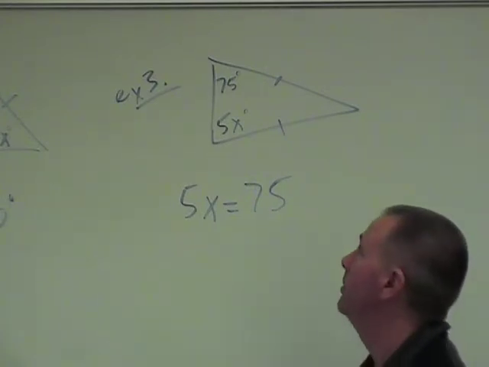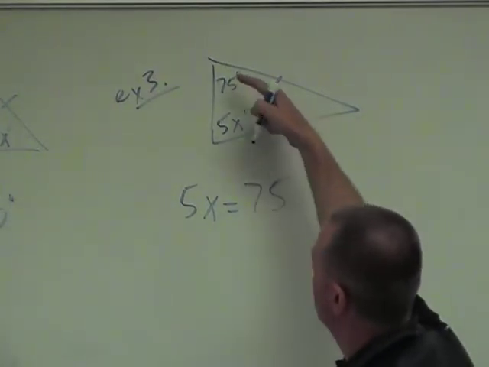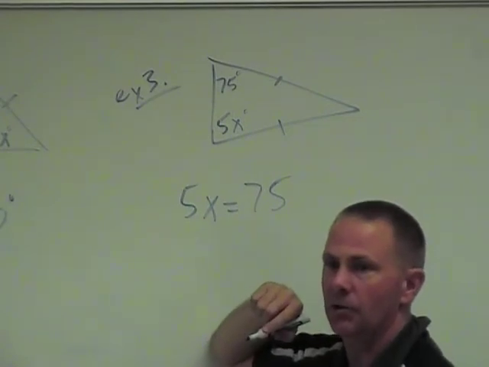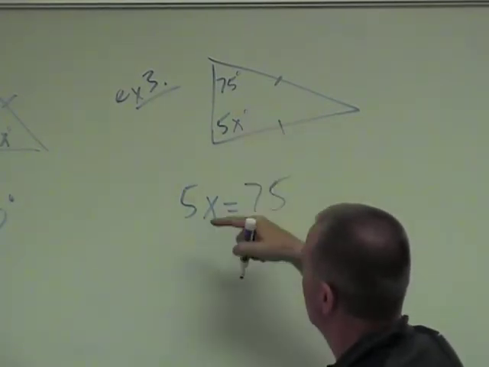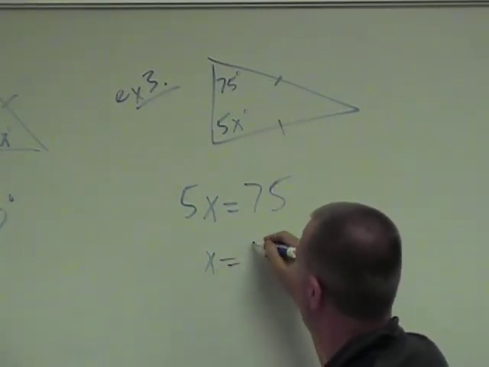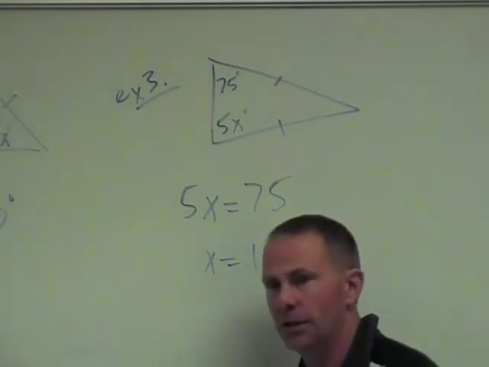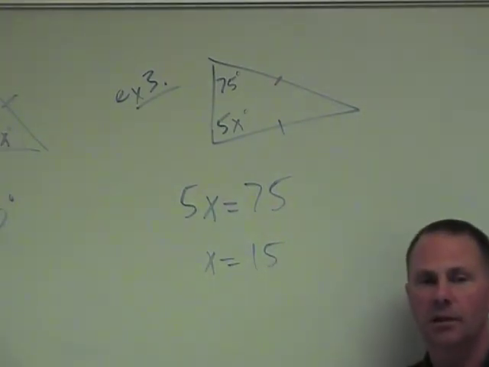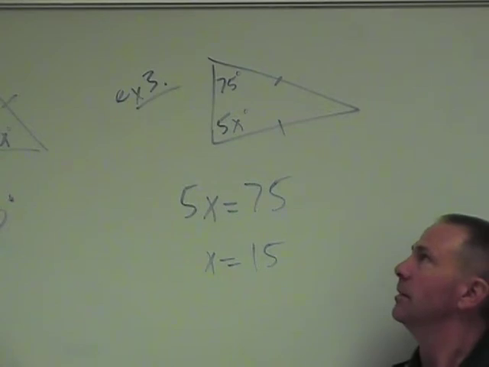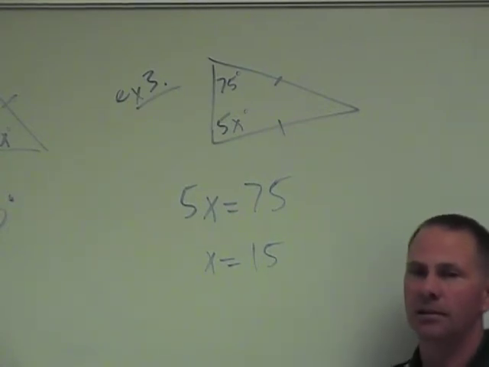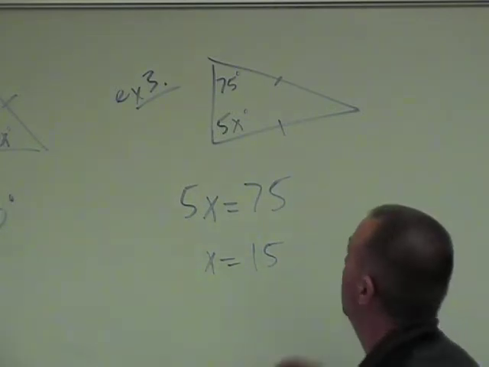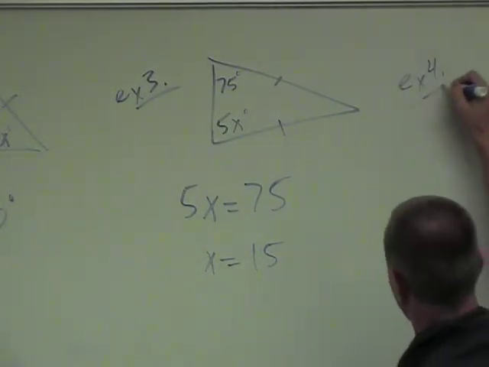The two sides are equal, then the opposite angles are congruent. So 5x equals 75, divided by 5 is 15. Not 15 degrees. X is not degrees, x is just a number in this case. Okay?